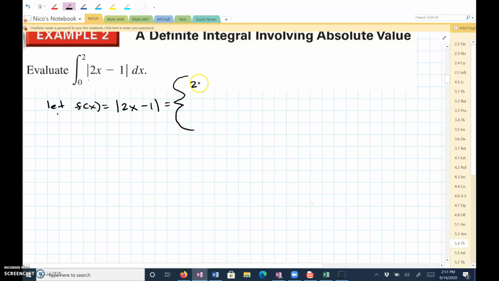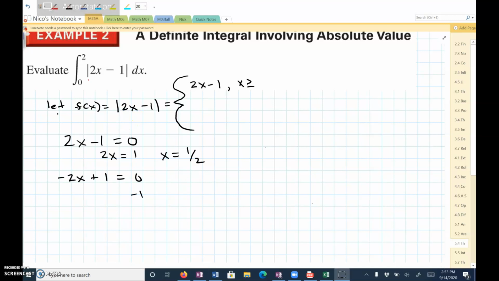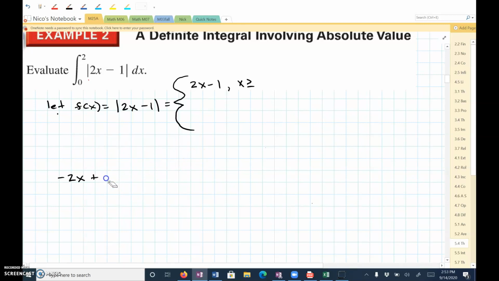2x minus 1, that's going to be when x is greater than or equal, well, let's do this. Let's first of all start by thinking about the vertex form for absolute value.